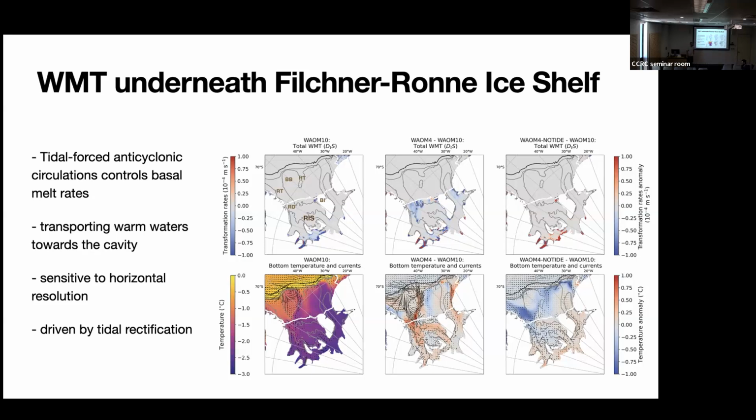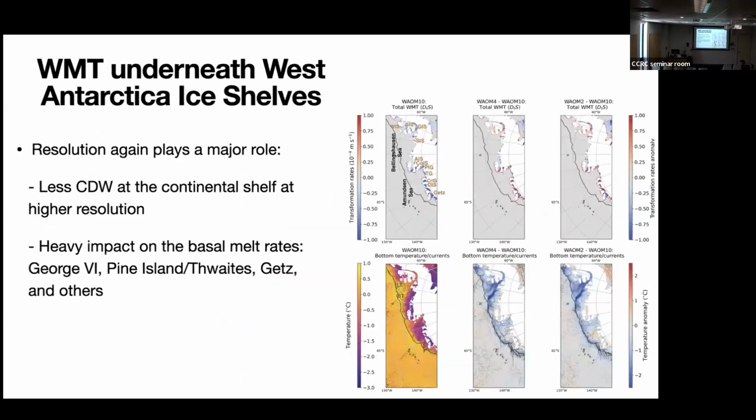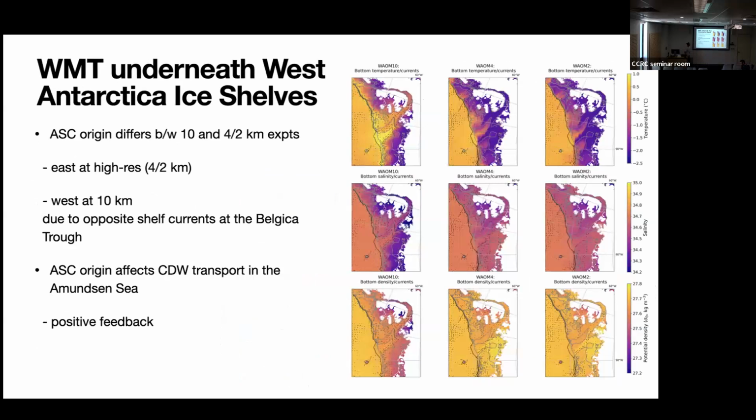Can you say again what you were talking about with the slope current in West Antarctica? Yeah, so pretty much this is the 10 kilometer model, and you can see all this warm water going into the George VI ice shelf. This causes all this melting here.